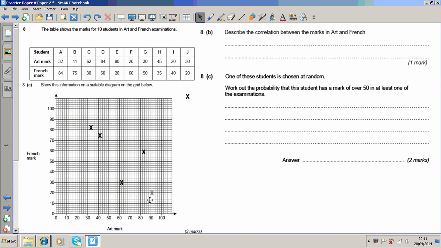Art is 90, French is 20. Art is 20, French is 60. Art is 30, French is 50. Art is 45, French is 35. Art is 20, French is 40. And art is 30, French is 20.